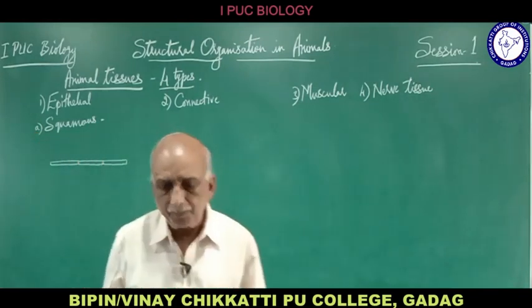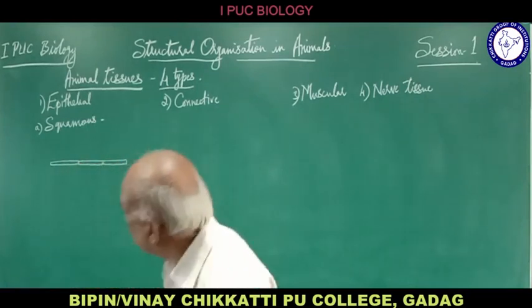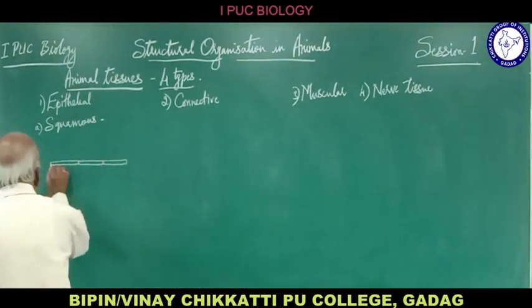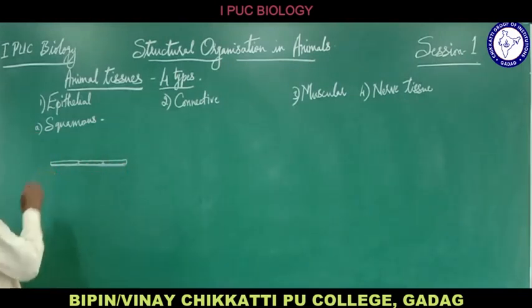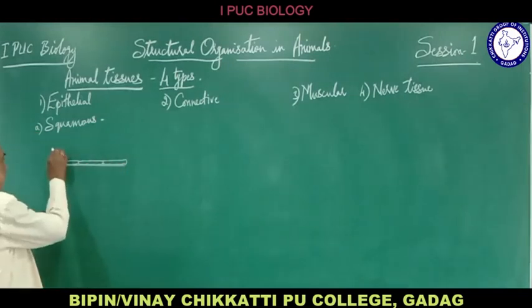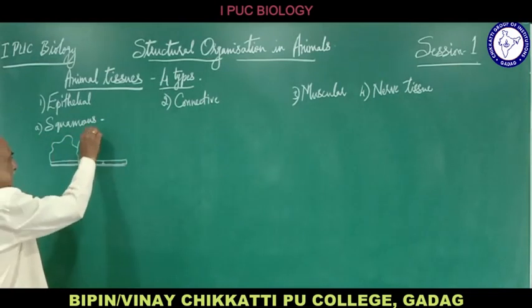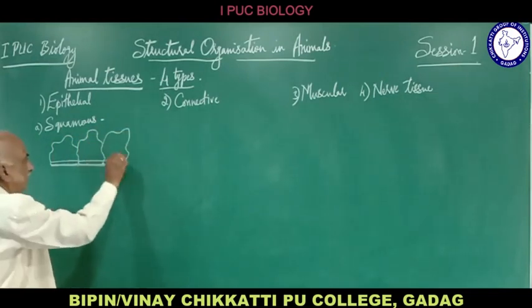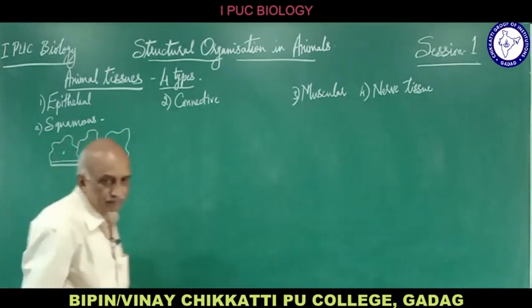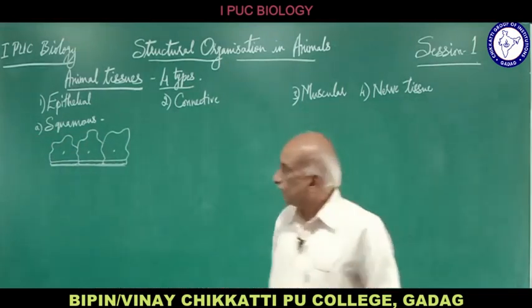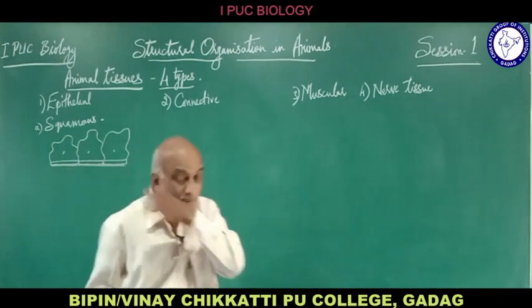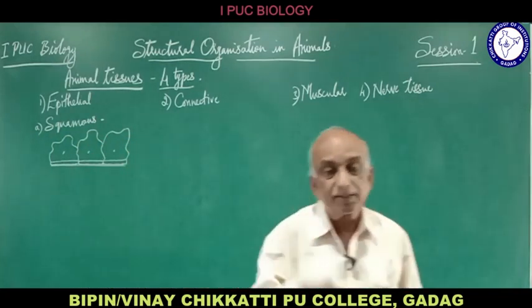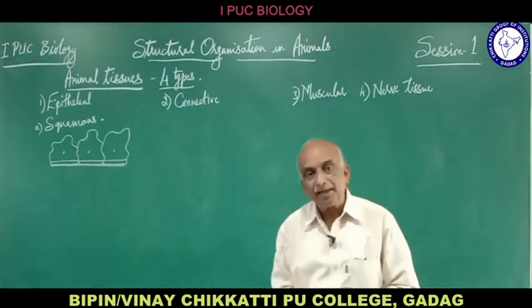There is no important characteristic feature in the cell structure here, and these cells are somewhat irregular, so like this. So these cells are irregular shaped. So this is the nucleus. The cells are flat, that is why they are called squamous epithelium. Squamous means squashed, means flattened.